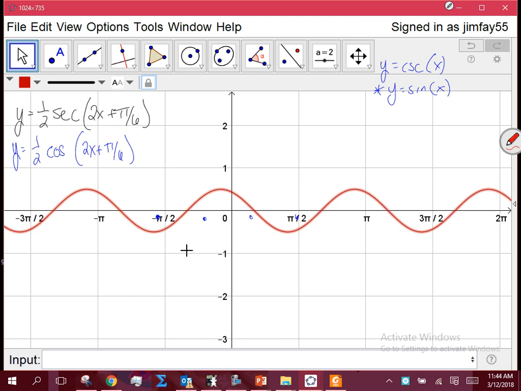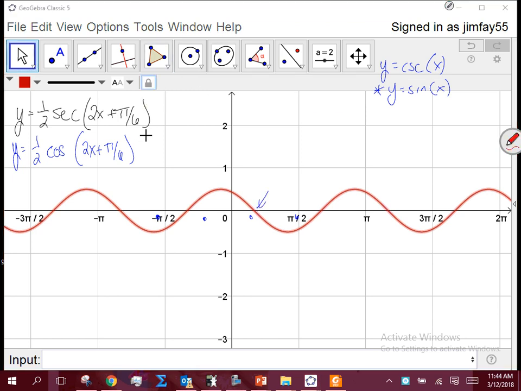Well, let's just do a little bit of work here. I want to find out what that x value is. So I would take the 2 out, so 1/2 cosine 2x. Dividing by 2 is the same thing as multiplying by 1/2, so I should get pi over 12 here.